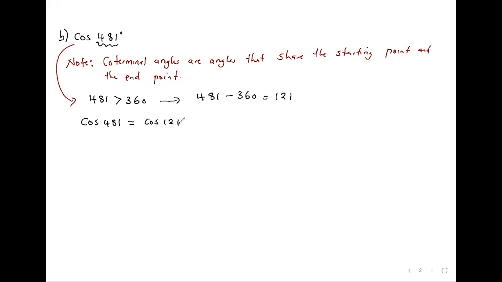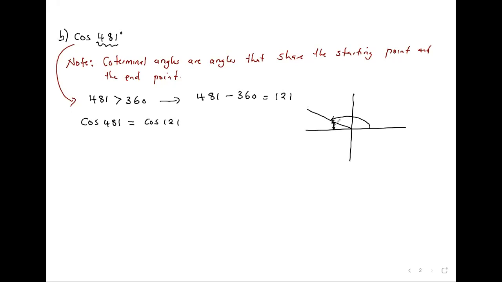But where do you find 121? 121 is found in the second quadrant. It's bigger than 90, but less than 180. So because it's found in the second quadrant, we need to use the reference angle.